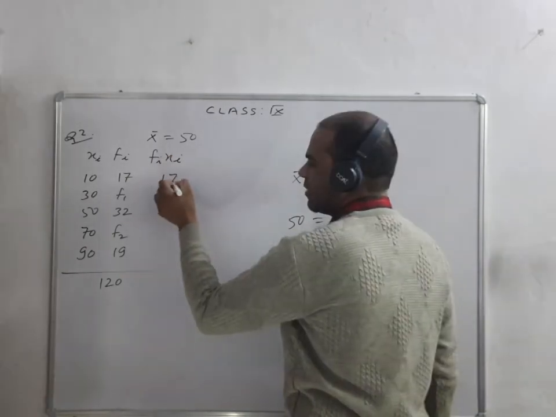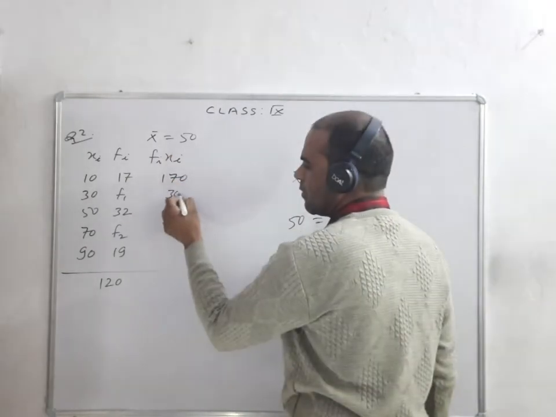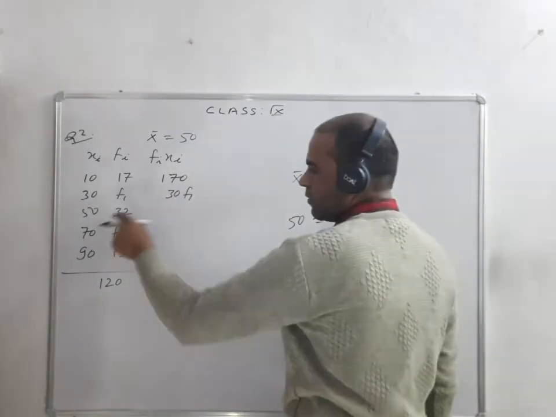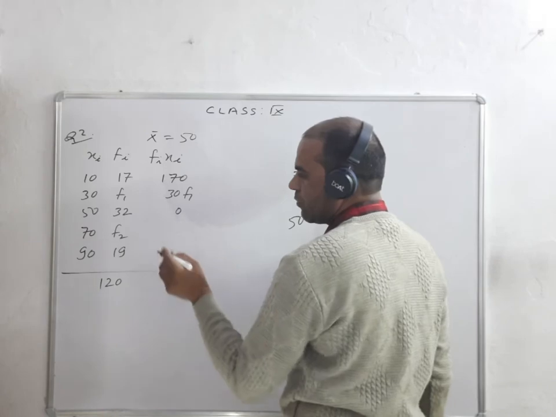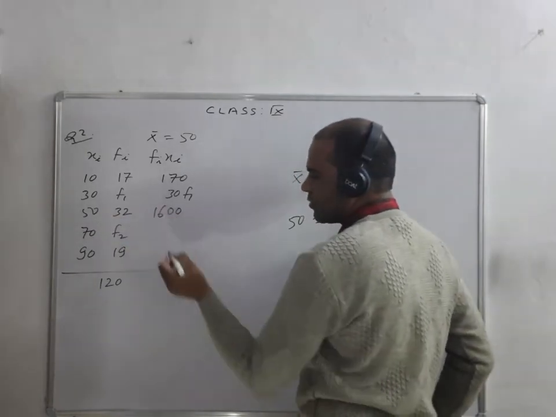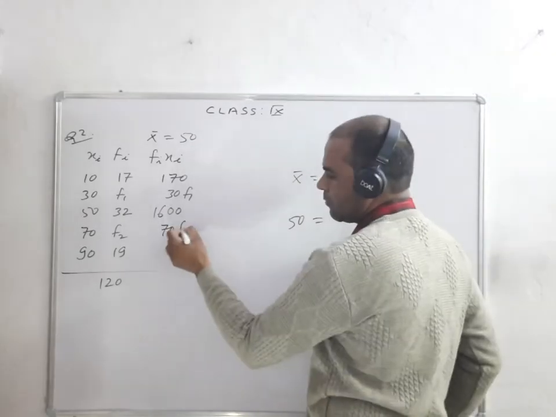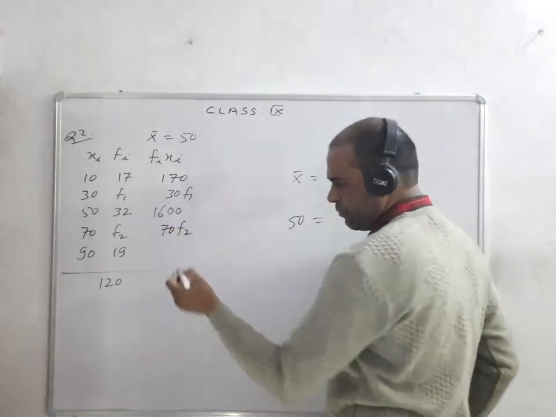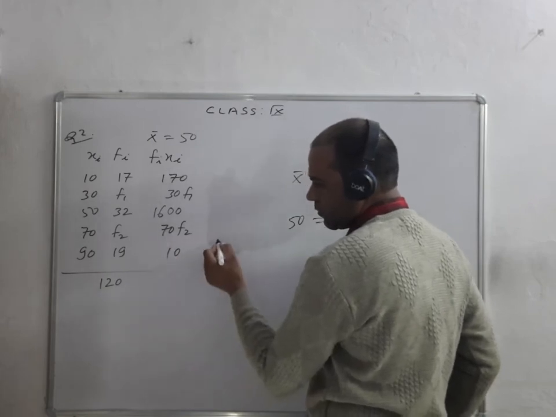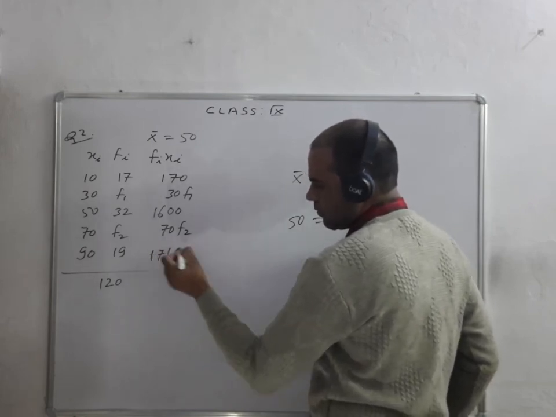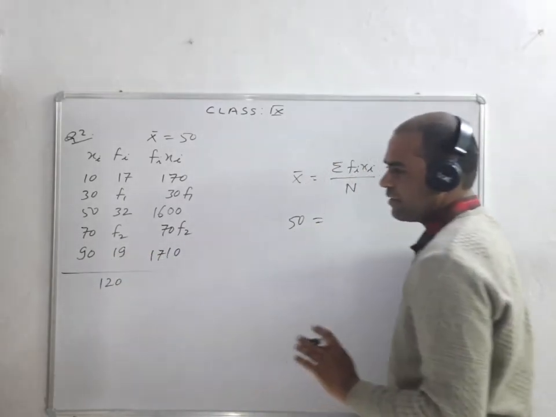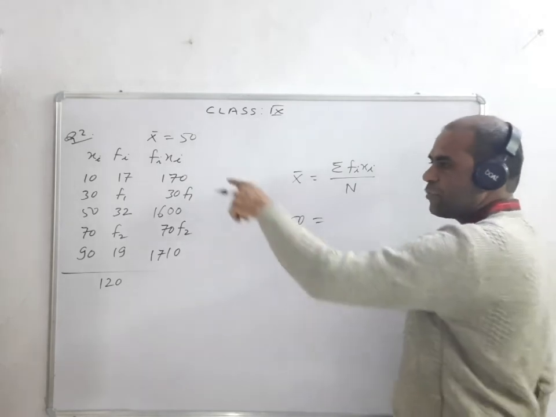Here multiplication 170, 30f1, 7710 is the multiplication of 90 into 90. And next, sum of this term.